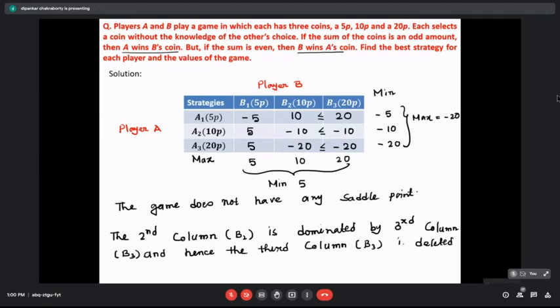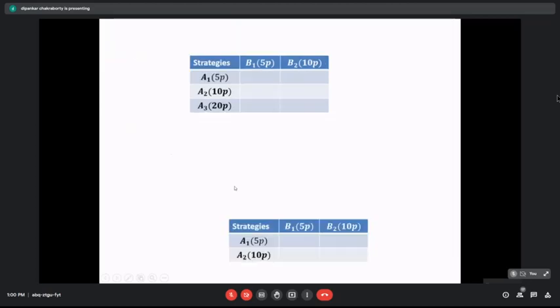Okay, now if I delete that B3, then it is transformed to 3 cross 2. So let's see. So now the resulting 3 cross 2 payoff matrix is this for the player B, this for the player A. Remember that you have to write it down.